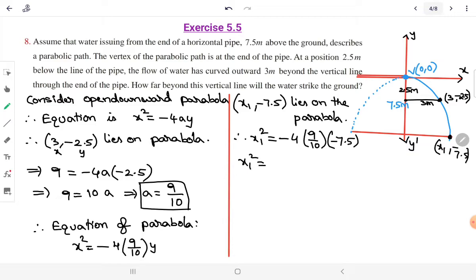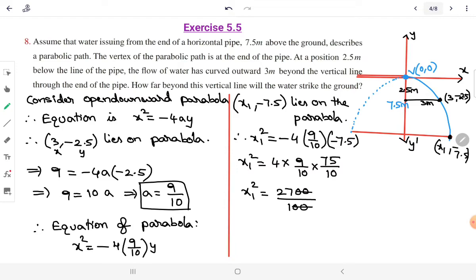Now let us simplify this. x1 square equals, minus into minus will become plus, 4 into 9 by 10 into 7.5, which can be written as 75 by 10. 75 into 4 is 300, and 300 into 9 is 2700 by 10 into 10, so 100.